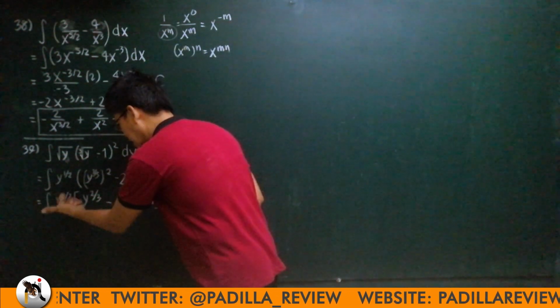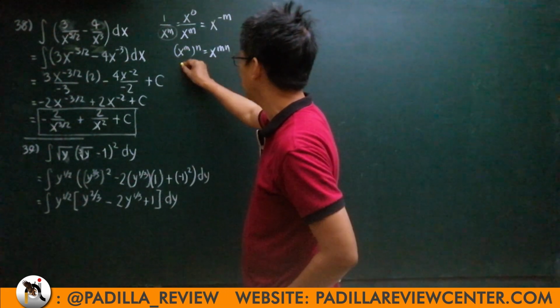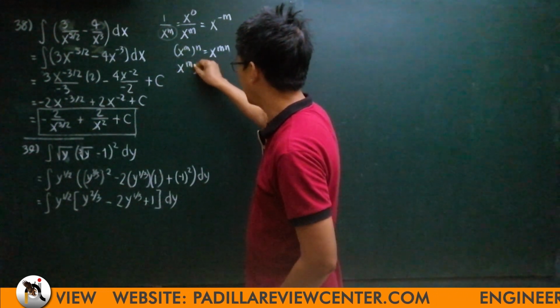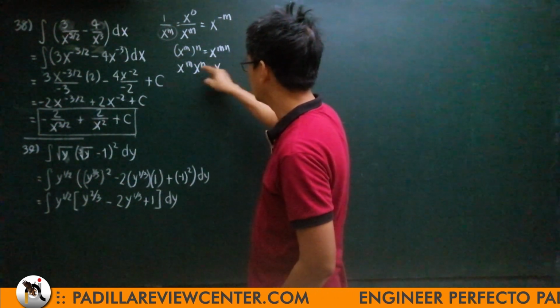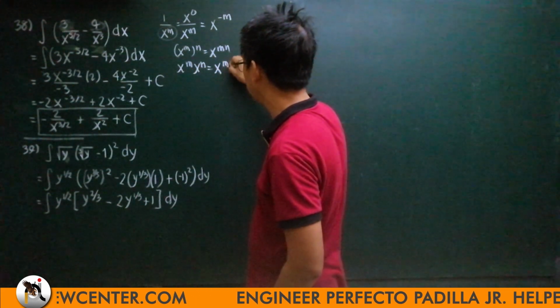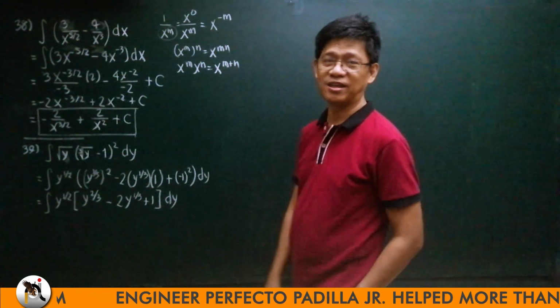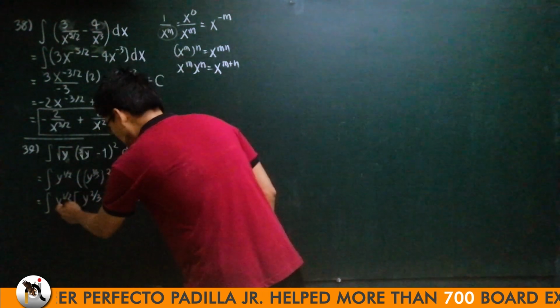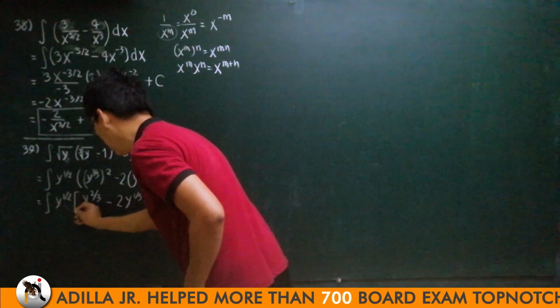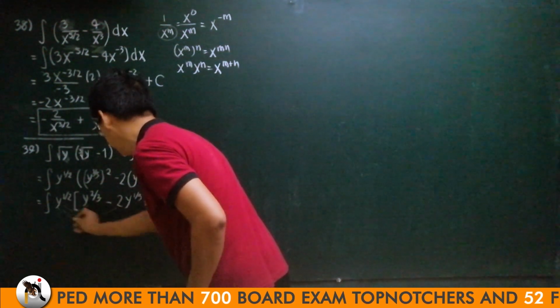We bring this in. Take note that x to the m times x to the n is x to the m plus n. We add the exponent. So y to the 1/2 times y to the 2/3, we bring this inside.